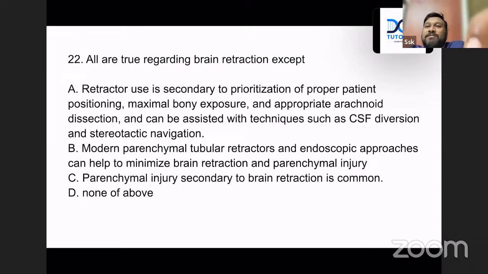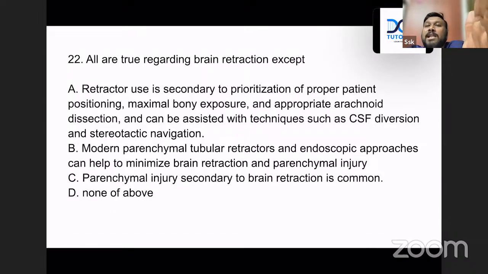See, the first thing in neurosurgery is proper positioning of the patient. The patient should be positioned properly, allowing maximal bony exposure and appropriate amount of arachnoid dissection, CSF diversion, stereotactic navigation. All these are the primary objectives.